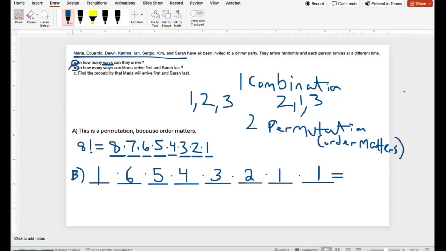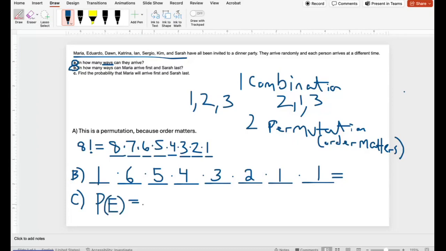And then to find the probability that Maria will arrive first and Sarah last. So probability, now we take the one that you want over how many possibilities there are. So the probability is equal to the probability of E, the event that we want.